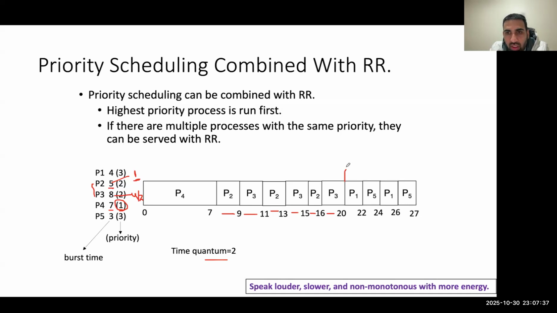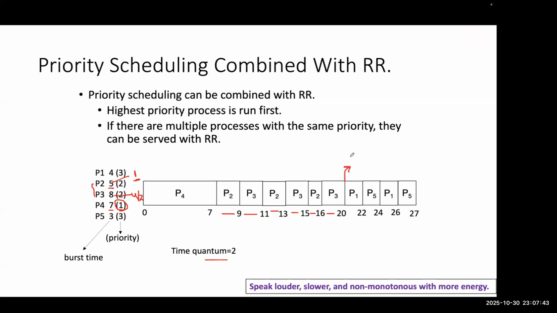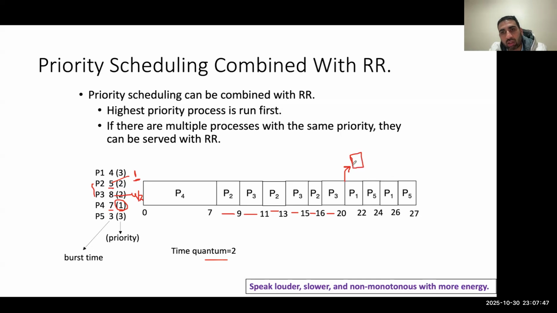There should be another block for P3 here, because that wouldn't finish. Yeah, there is a mistake. So here it should be another block, right? For P3, and that block will be from 20 to 22. Okay, right? And after that, we are done with P3.